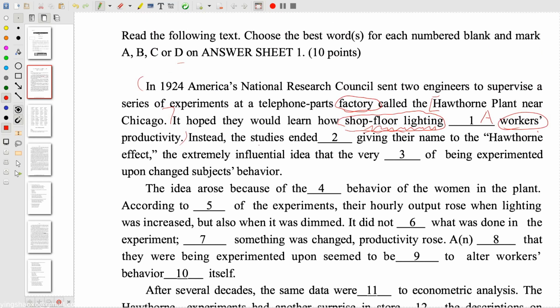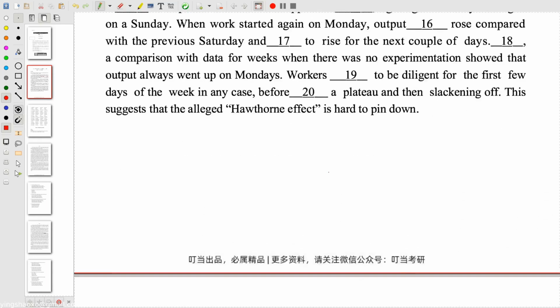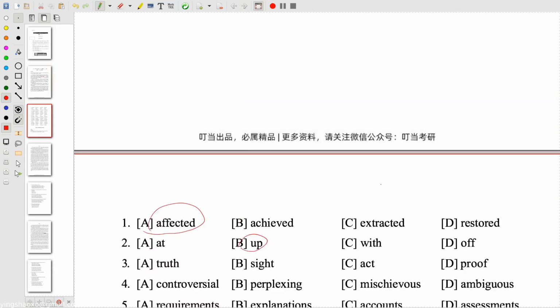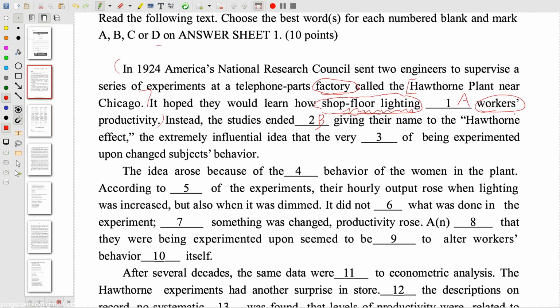Instead, the studies ended up giving their name to whatever. I think the second blank should be up, so I'll choose B. The extremely influential idea that the very blank of being experimented upon changed subjects' behavior.